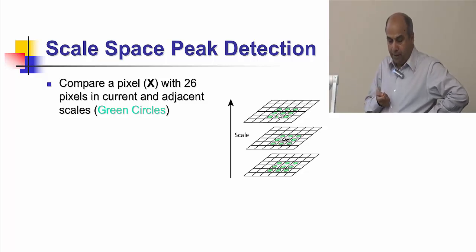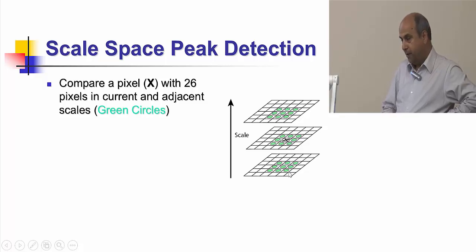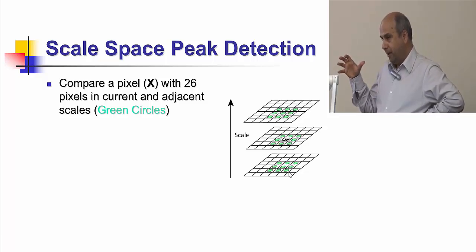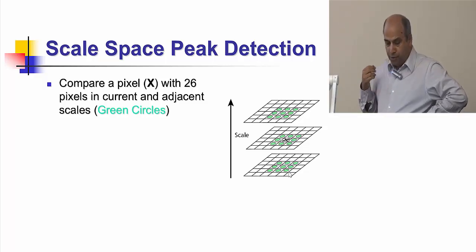The way he did that, he looks at the 3 by 3 neighborhood at that scale, the 3 by 3 neighborhood above that scale, and the 3 by 3 neighborhood below that scale. So in total there are 26 neighbors: 8 in the same scale, because the 9th one is the one we are looking at, 9 above, and 9 below.